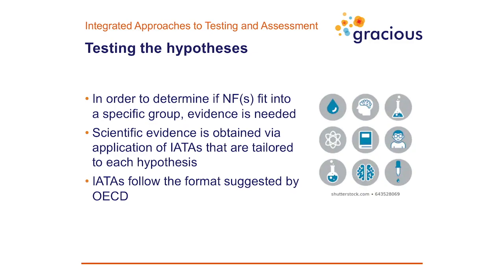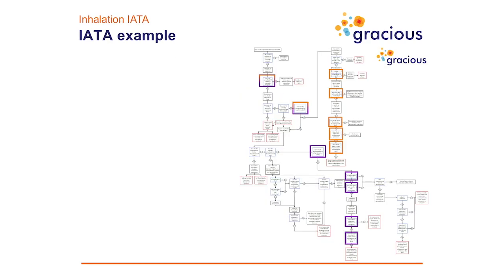These IATAs follow a format that has been suggested by the OECD. This is a rather complicated diagram which you won't be able to read, but it shows you the complexity of an IATA that covers all potential hazard outcomes for an inhalation route of exposure. And this wouldn't be relevant for an individual hypothesis.